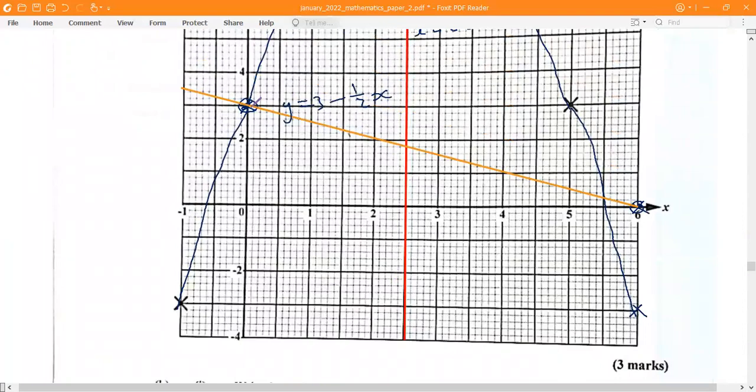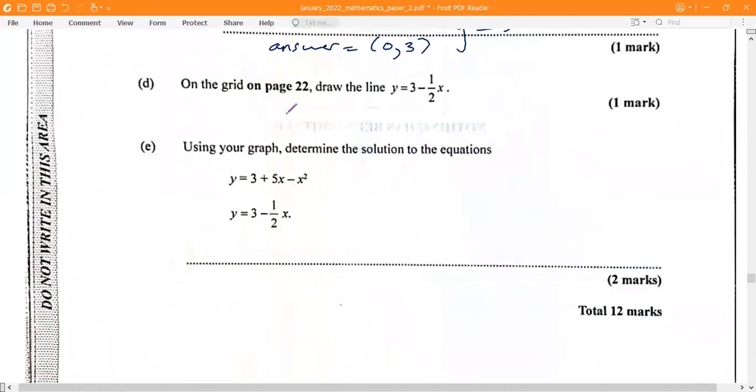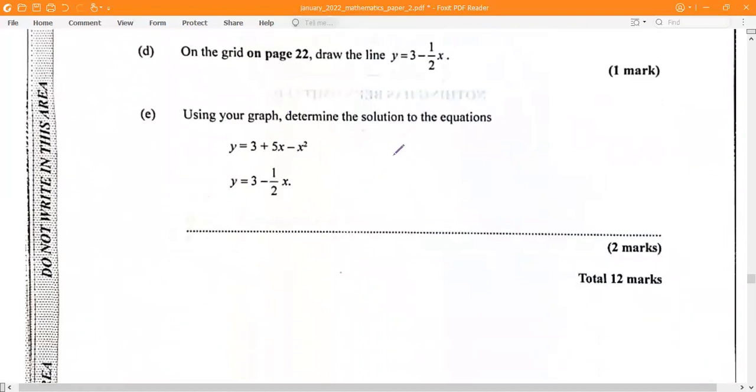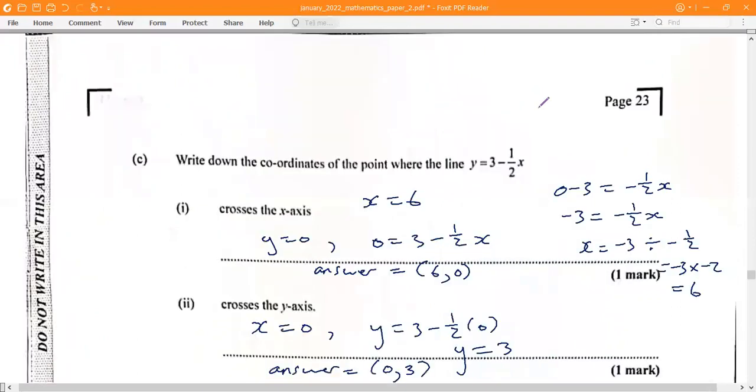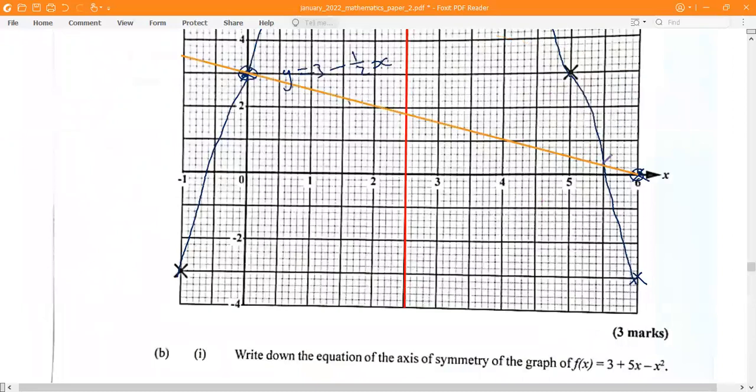One of the places where these graphs intersect is at (0, 3). There's another place where the graphs intersect, just here. Here and here are the two places where we are supposed to get solutions.